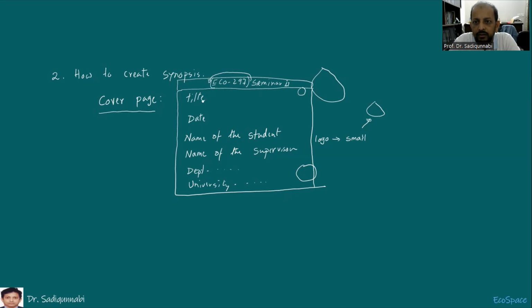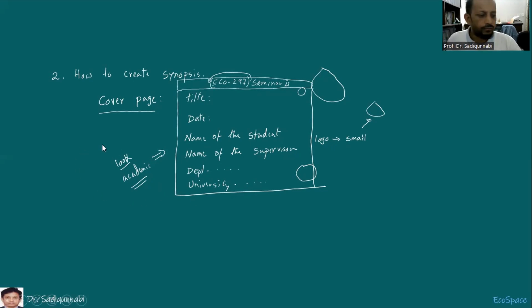And then you write down the title, date, the name of the student, the name of the supervisor, and make this cover page look academic. Okay, not that clumsy. Okay, look academic.